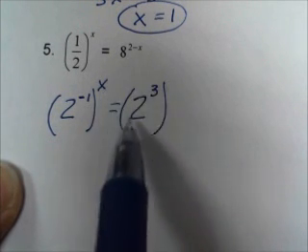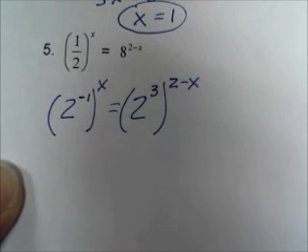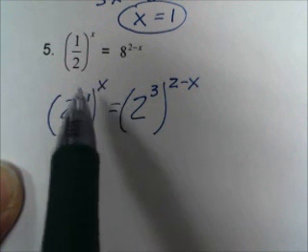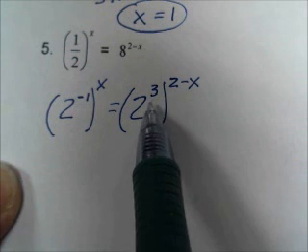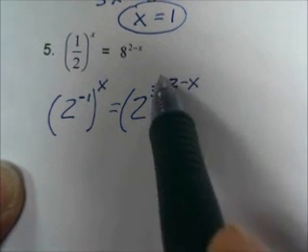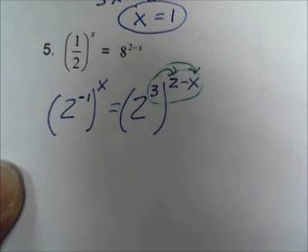So replacing 8 with 2 to the 3rd, copy the exponent, 2 minus x. Again, we have a power to a power, so we're multiplying those exponents there. And the same here. Power to a power, you multiply the exponents. And make sure you distribute the 3.